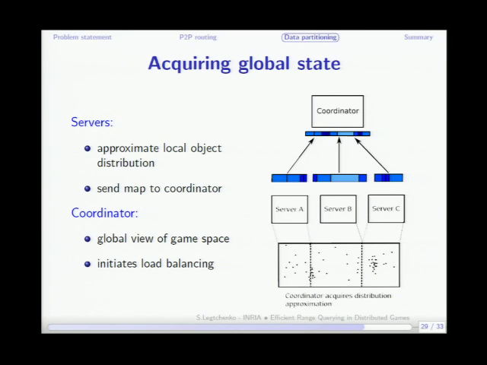To acquire a global state, each server samples the distribution of the partition that it is in charge of, and then all the approximations are sent to the coordinator. The coordinator aggregates this knowledge to obtain a global view of the game space distribution, and according to that, initiates load balancing.